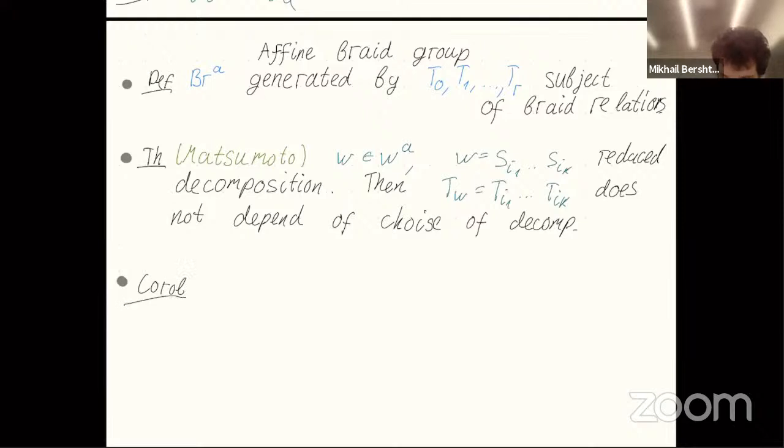If the length of ww' is equal to the sum of the length of w plus the length of w', then T_{ww'} is equal to T_w T_{w'}. Is it clear?